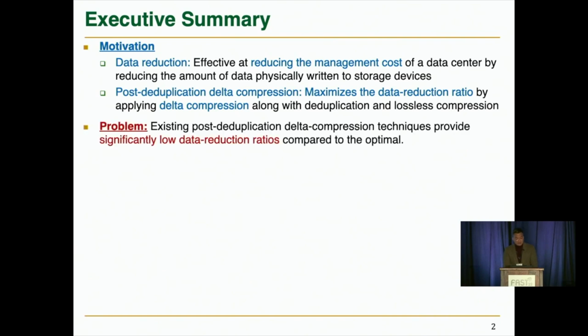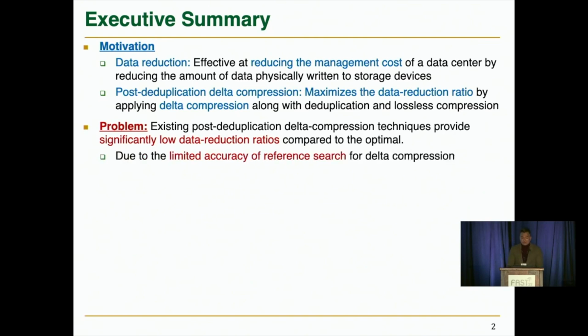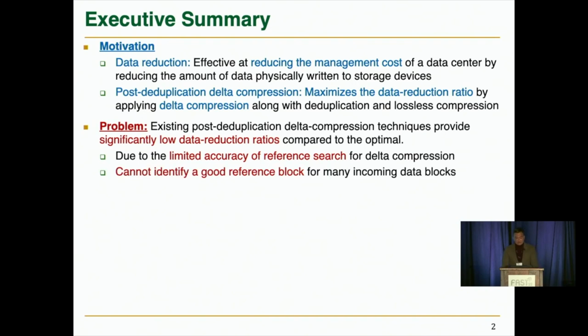However, we found that existing techniques provide significantly lower benefits compared to the optimal because of their limited accuracy of reference search for data compression. In short, the existing techniques often fail to identify any reference block for many incoming blocks that can actually benefit from data compression.